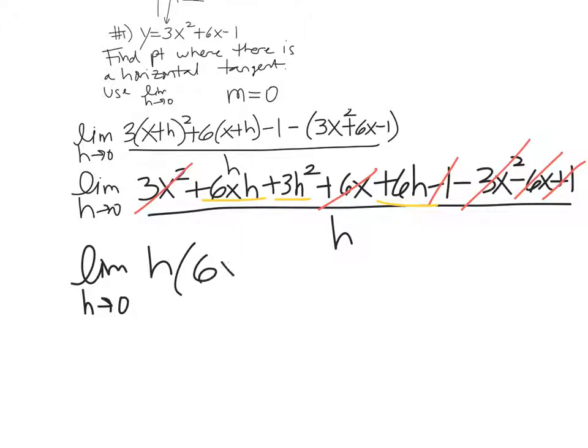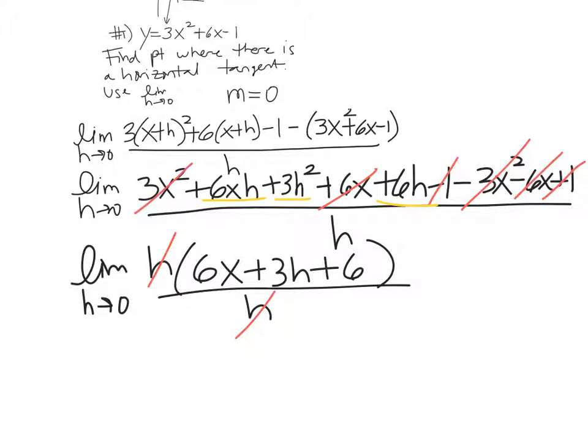So I get 6x plus 3h plus 6 all over h. The h's reduce. I take that 0 and I plug it in. I evaluate the limit as h goes to 0. I can use direct substitution now. And I get 6x plus 6.